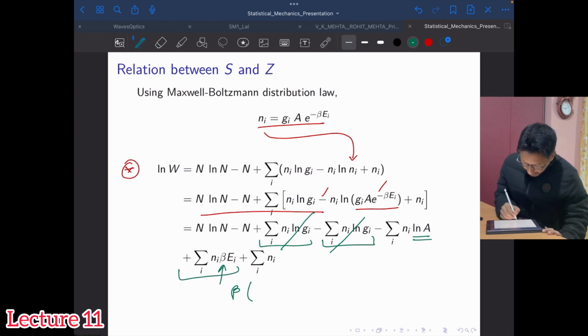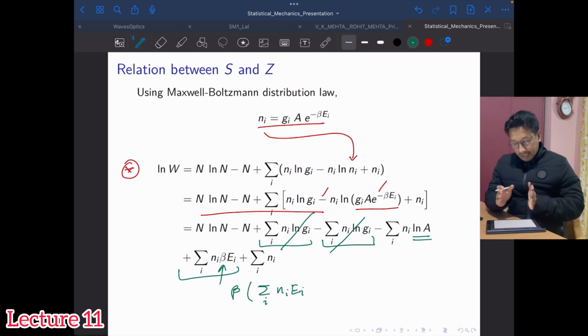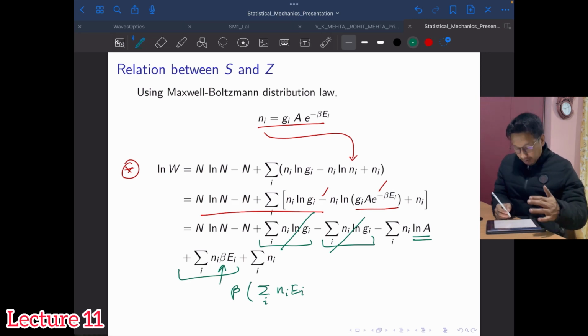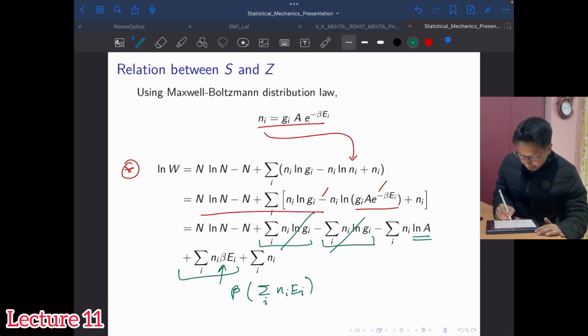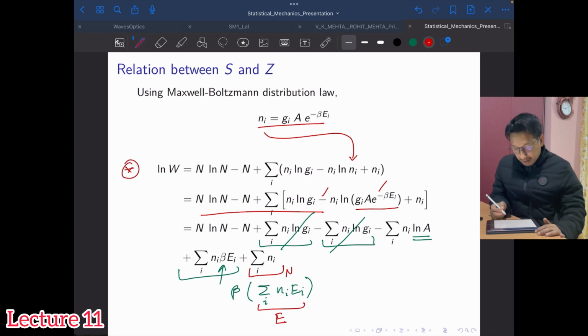Here, sum over i of ni ei: ni is the number of particles in the ith cell having energy Ei. If I sum up all such terms, it will give me the total energy of the system, which is E, isn't it? And the sum of ni will give me N, the total number of particles.